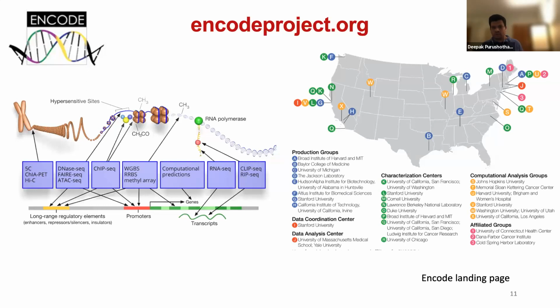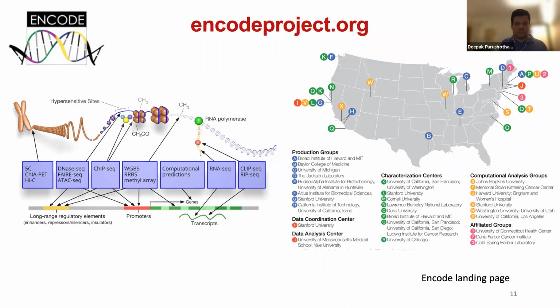The goal of ENCODE is to build a comprehensive list of all the functional elements in the human genome, including the elements that act at the protein and RNA level, and all the regulatory elements that control cells and circumstances in which a given gene could be active or not active.